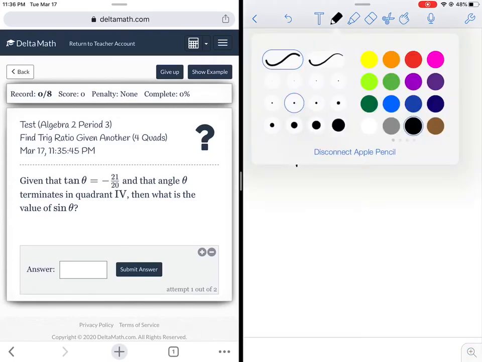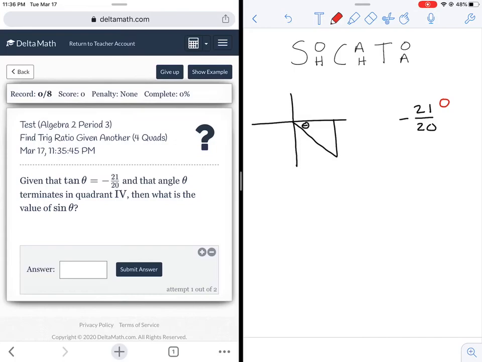So I know that tangent is our opposite over adjacent. If this is my angle here, this is my hypotenuse, this is my opposite, this is my adjacent. So labeling opposite over adjacent, my opposite is 21 and my adjacent is 20.